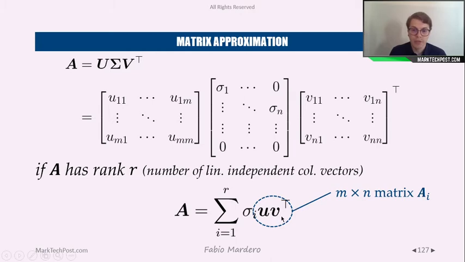The u_i v_i transpose is an m times n matrix, as A. So we can write this multiplication between vectors as A_i.